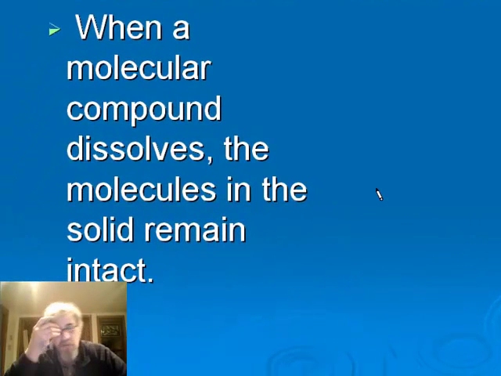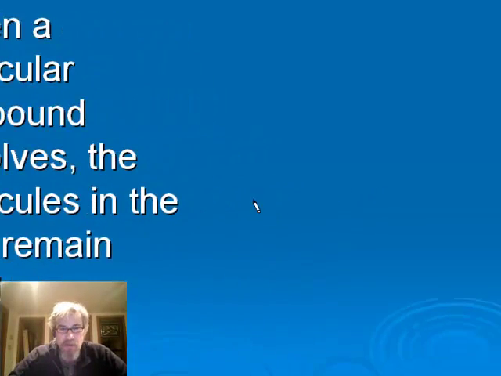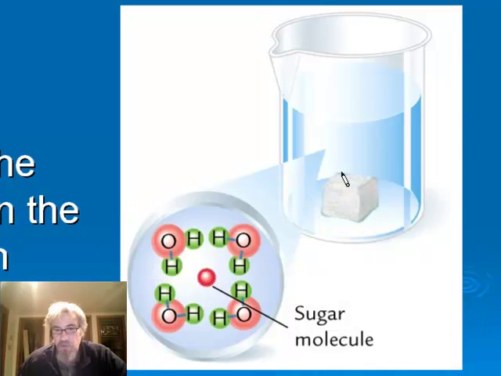If you think about a molecular compound dissolving, the molecules in the solid remain intact even after the compound has dissolved. Sugar would be an example. If I put a sugar cube in water and let it dissolve, as the individual molecules of sugar are torn away from each other in this crystal and disappear into the solution, the sugar molecule remains intact.